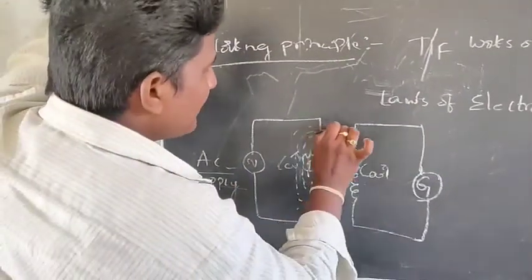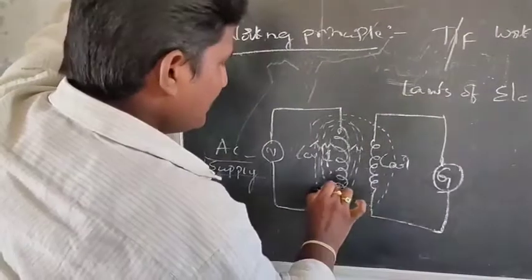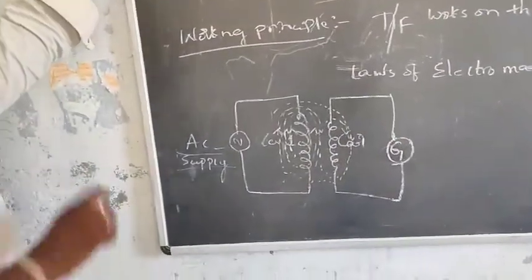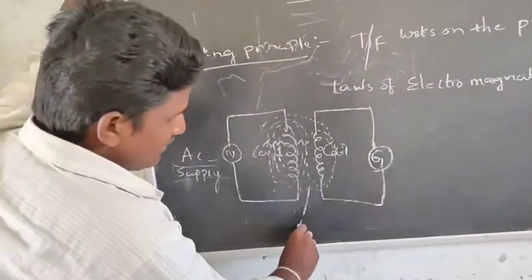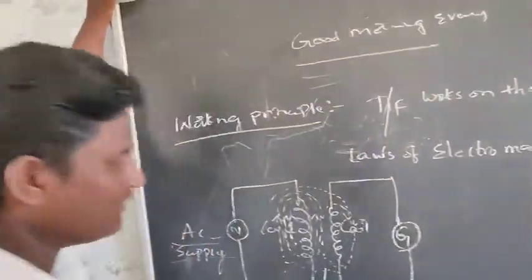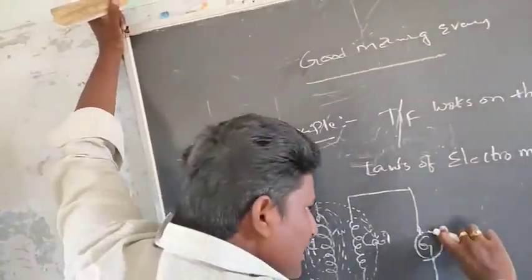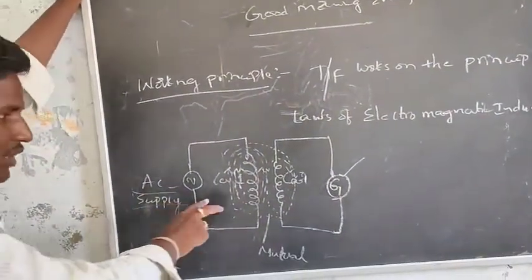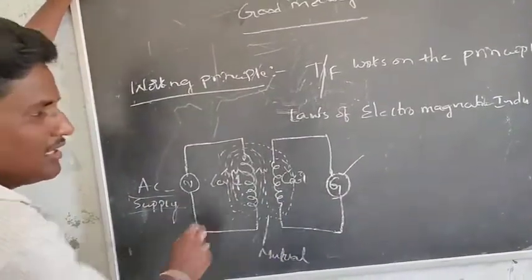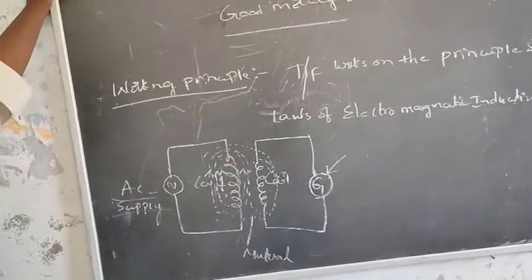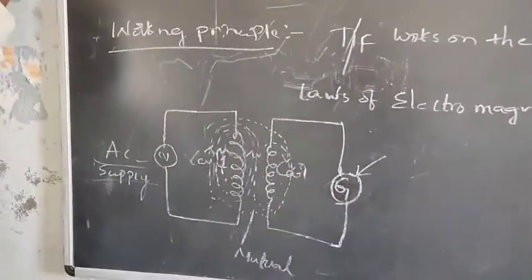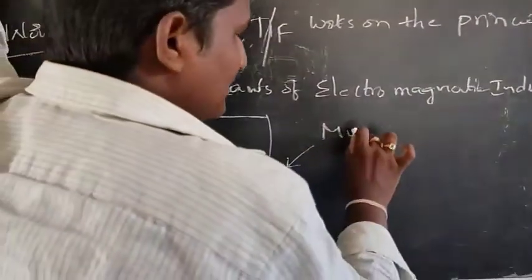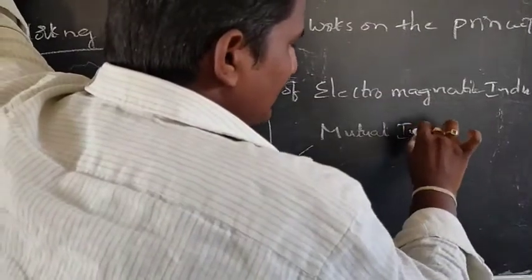Some flux travels through air and links with coil 2. Due to this linkage of mutual flux, EMF is induced in the secondary coil. So without any physical connection between coil 1 and coil 2, the EMF is induced in coil 2. That's why it is called Faraday's laws of electromagnetic induction. This is called the mutual induction principle.